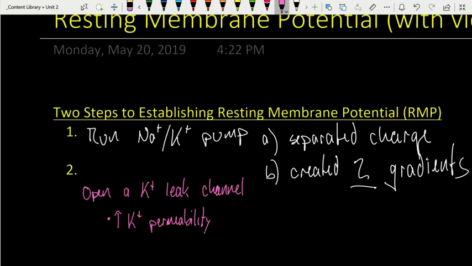Potassium can't go right through the membrane. It needs a facilitator. So let's open more doors. If I increase potassium permeability, what do I get? The cell becomes more negative. But if I decrease potassium permeability, the cell becomes more positive.